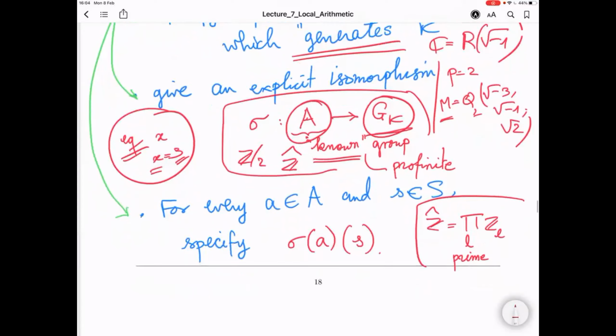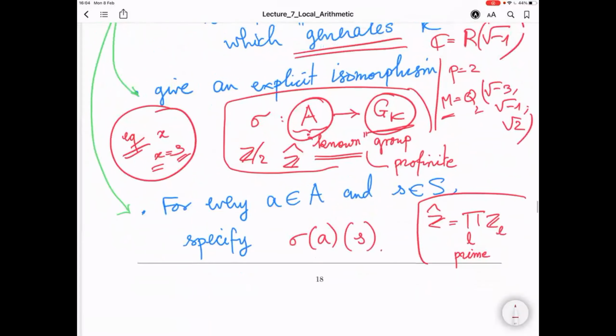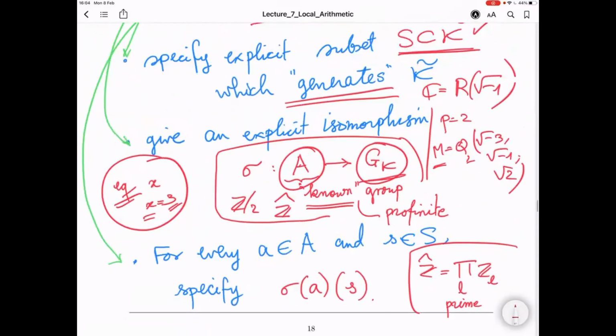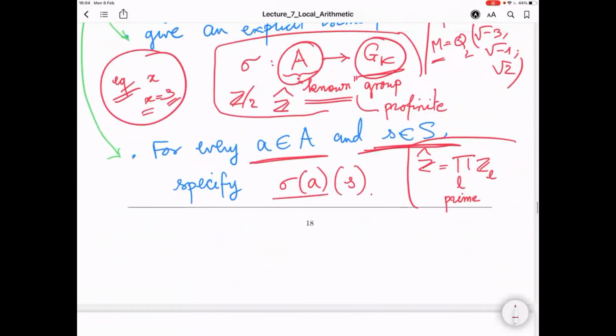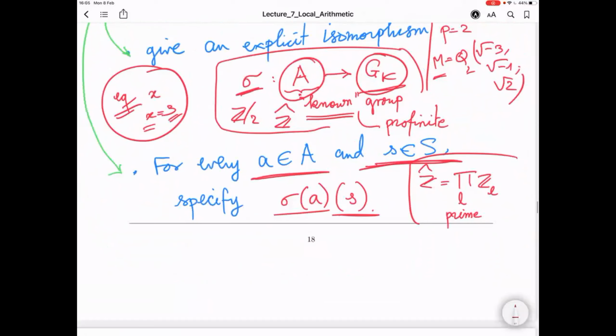But this GK doesn't come just as a group. It comes with an action on this field K tilde. And K tilde is generated by these elements, once you have given a system of generators. We would like to say what the action of sigma A on a generator S is.